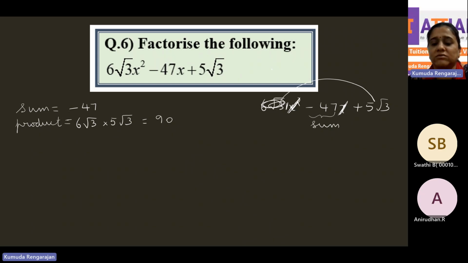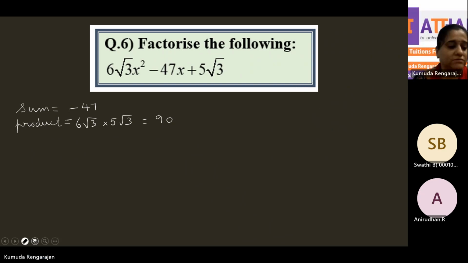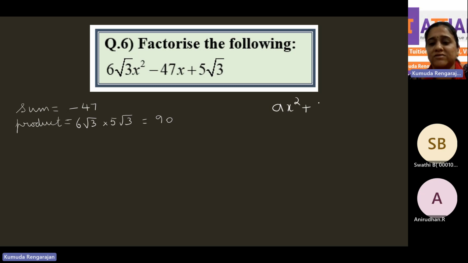Let me tell you a general form. The given expression will be of the form ax square plus bx plus c. When you're given a quadratic expression, it will have 3 terms: one x square term, one x term, and a constant.